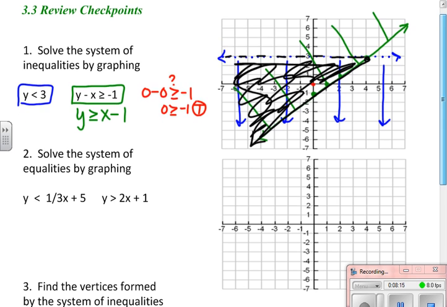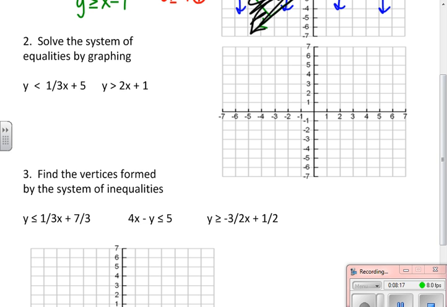Number 2 here, same sort of thing. These are both solved already for y, so I can go ahead and just graph them. So the first one has a y-intercept of 5, has a slope of +1/3, so I can go up 1, right 3, down 1, left 3, dashed line.